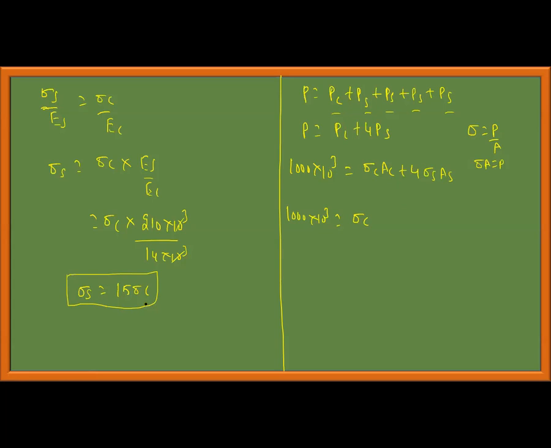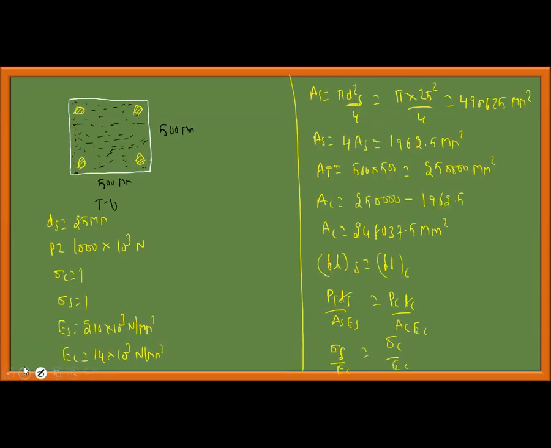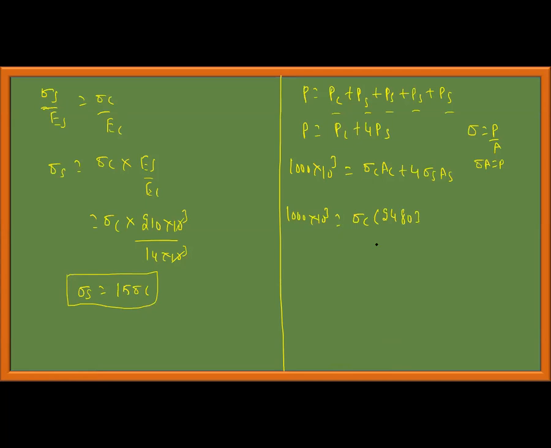AC is how much? Area of concrete, 240. 248.03, 7.5, plus 4 times area of steel.